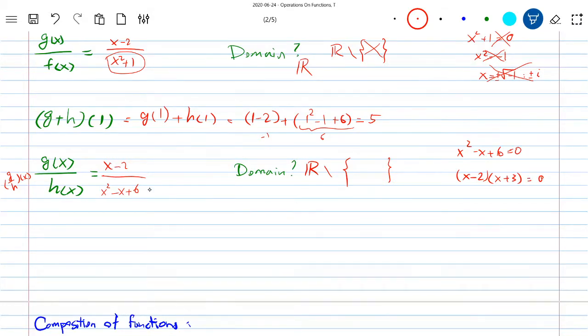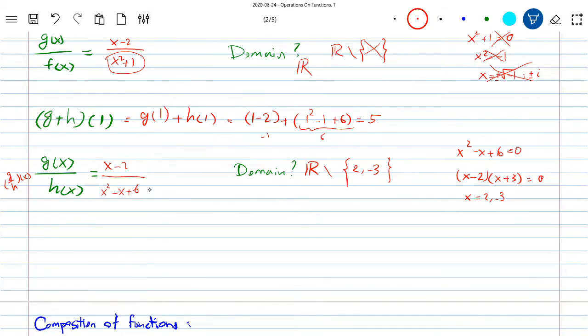What you get is 0, either x minus 2 is 0 or x plus 3 is 0. So you get two solutions. I exclude these 2 points. Domain cannot contain 2 or negative 3 because it makes the denominator 0.